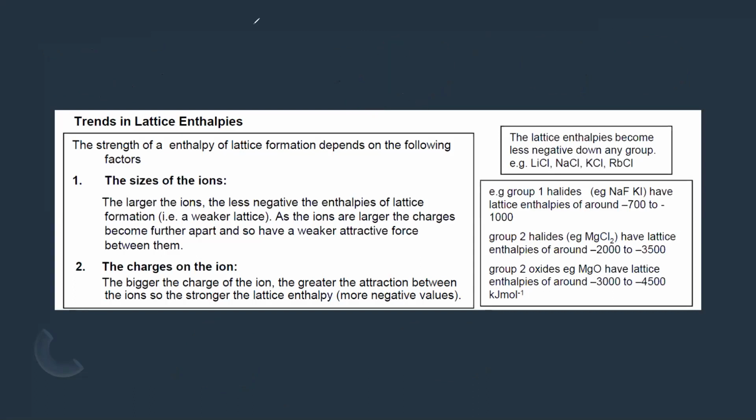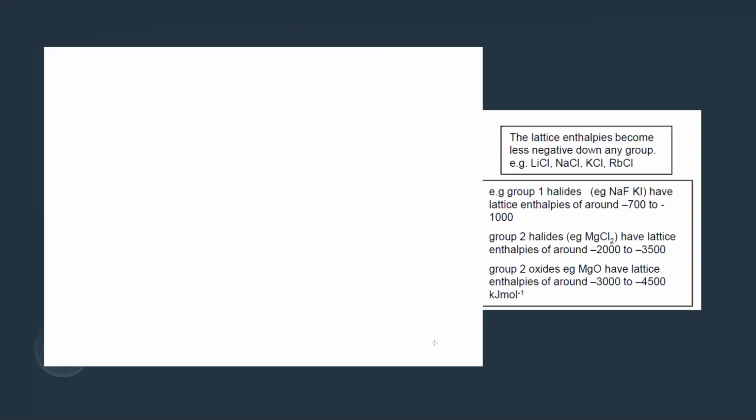So when we compare the compounds, for example, say lithium oxide, or you have group 1 elements, which include lithium, then sodium, then potassium, rubidium.